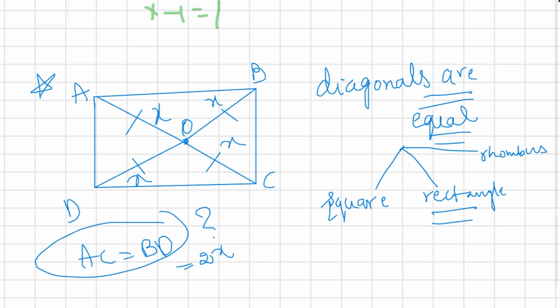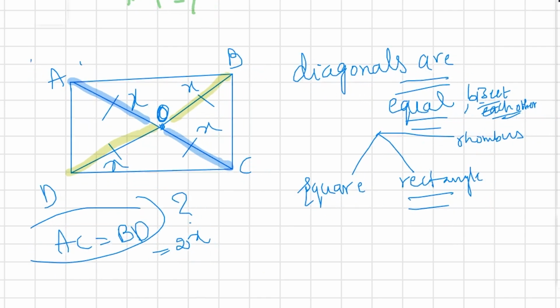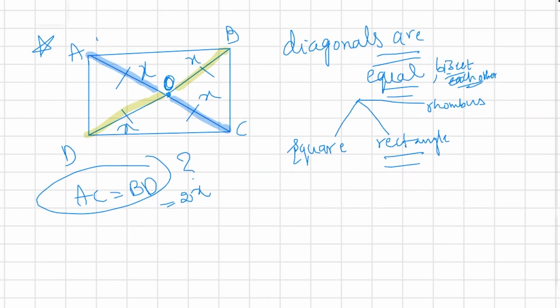If you notice carefully, diagonals are being bisected. They bisect each other. And if you notice carefully, this part is equal to this part. This part is also equal to this part. In which shape does this happen? In square it happens actually.